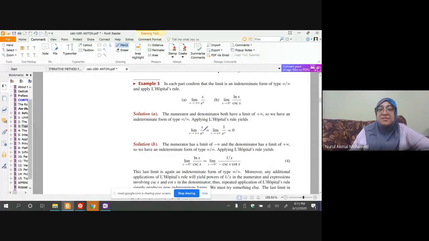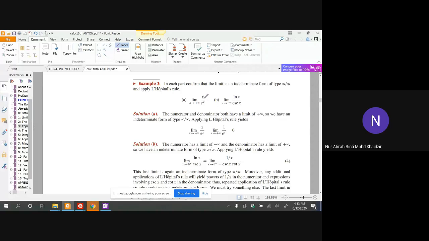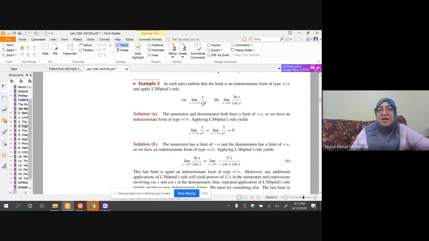Limit x divided by e to the x as x tends to infinity. Substitute, you will get x equal to infinity and e to the power of infinity. Okay, so the exponent is something like this. When x goes to infinity, e to the infinity will be infinity. So this one will be infinity as well.